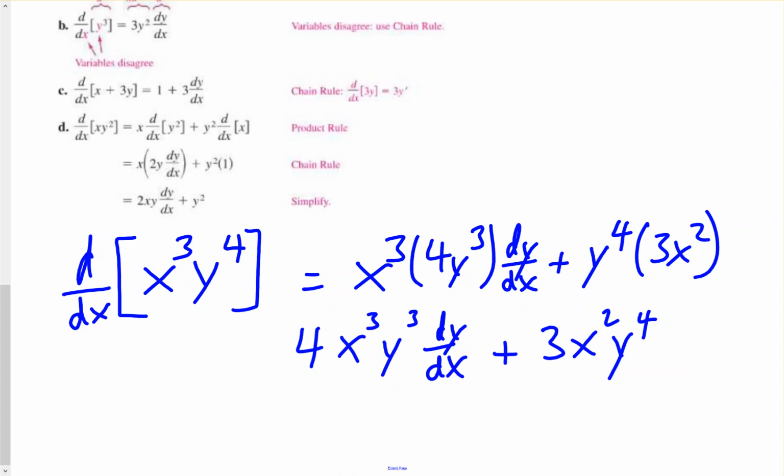Now normally we wouldn't stop there, we want to solve for dy dx, but for this problem, we're just showing the process of the implicit differentiation.